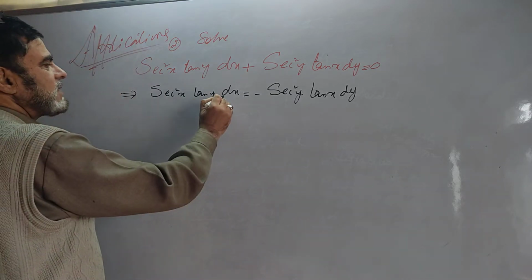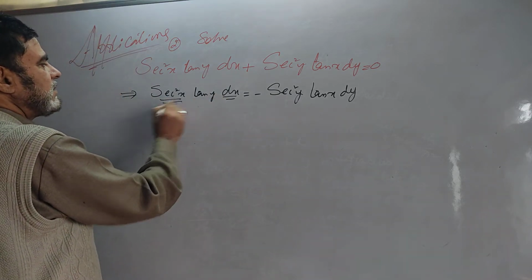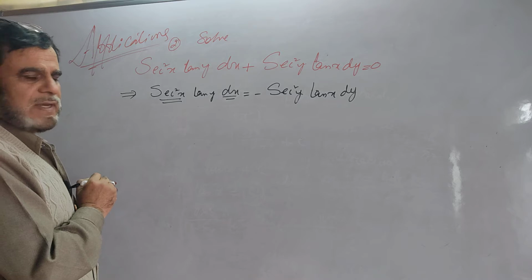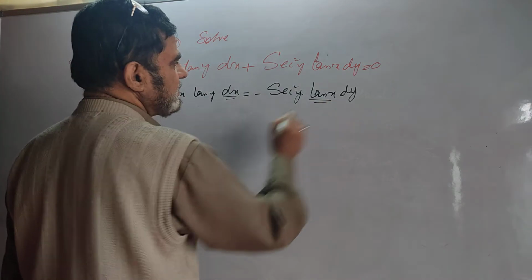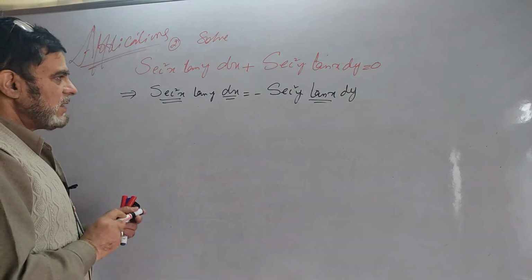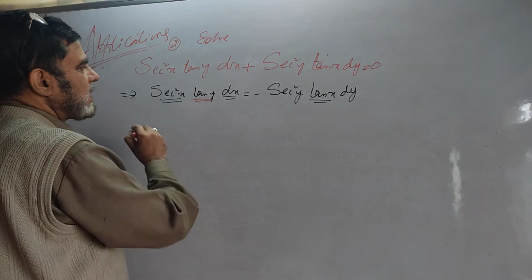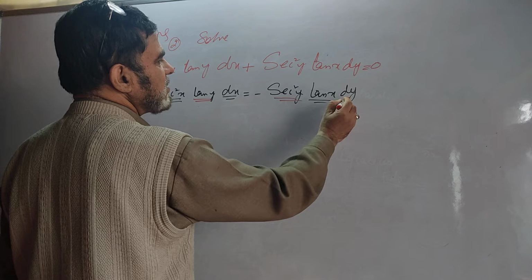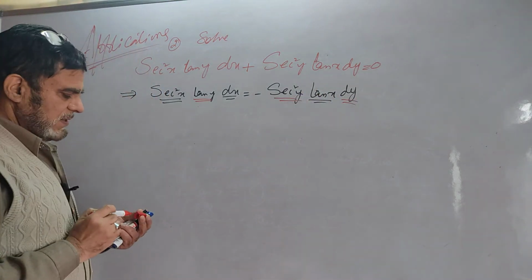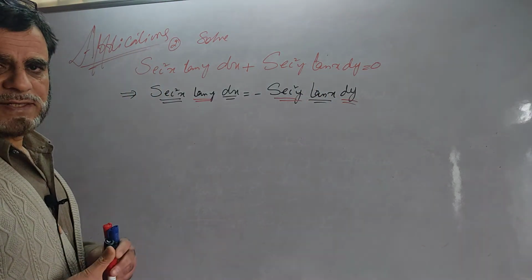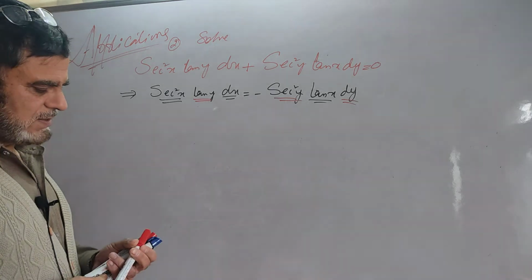Now this is your dx, this is the x term, and here this involves x. Similarly, you have the y term, this is the y term, this is dy. So you can take the x terms on one side with dx and the y terms on the other side with dy.